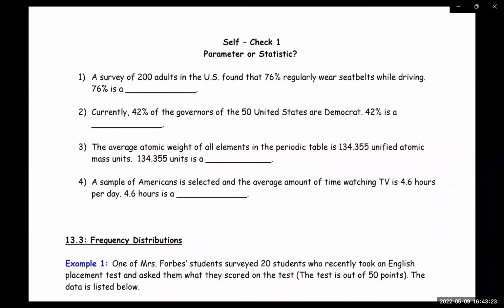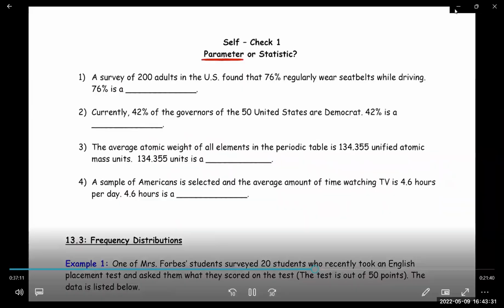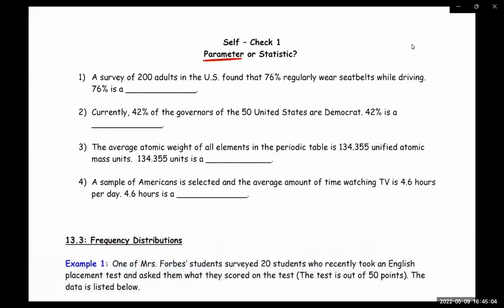All right, let's check our understanding of these terms. So is it a parameter or is it a statistic? That is, is it describing the population or is it describing a sample?